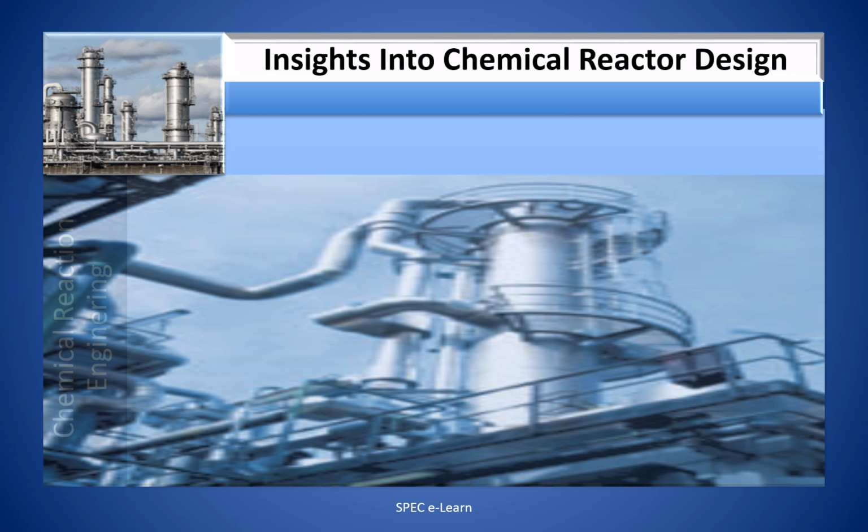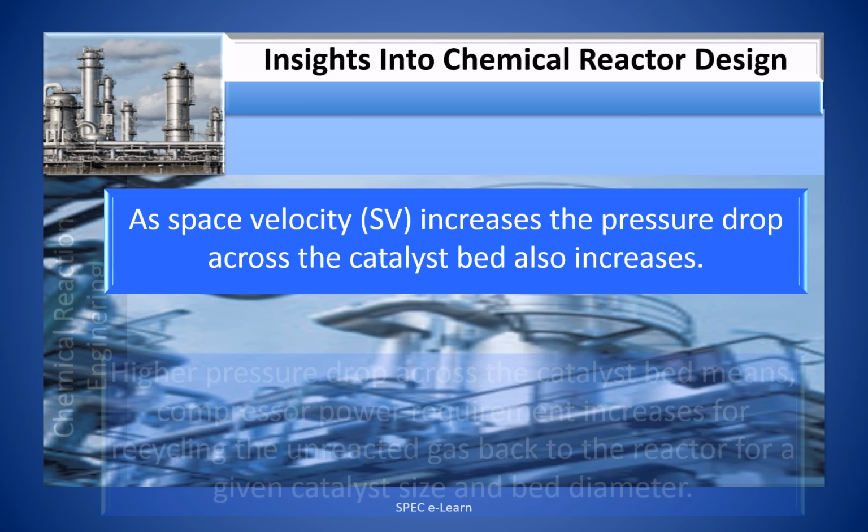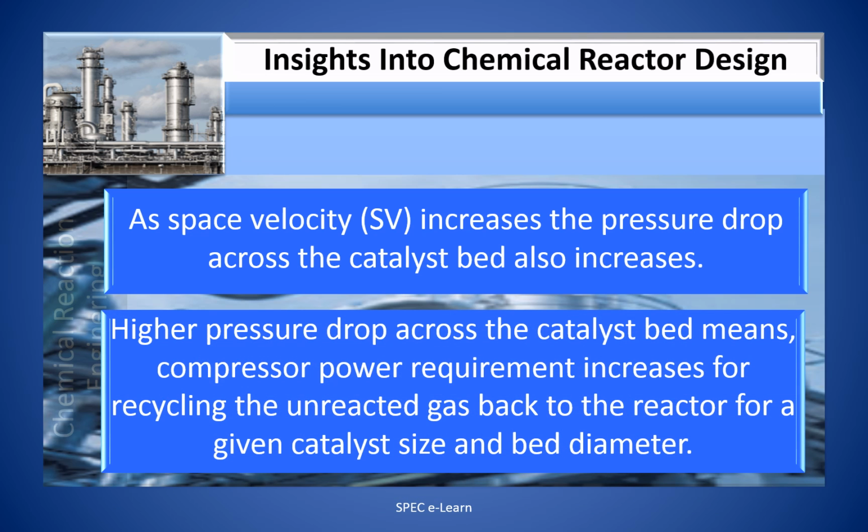As space velocity increases, the pressure drop across the catalyst bed also increases. High pressure drop across the catalyst bed means compressor power requirement increases for recycling the unreacted gas back to the reactor for a given catalyst size and bed diameter.